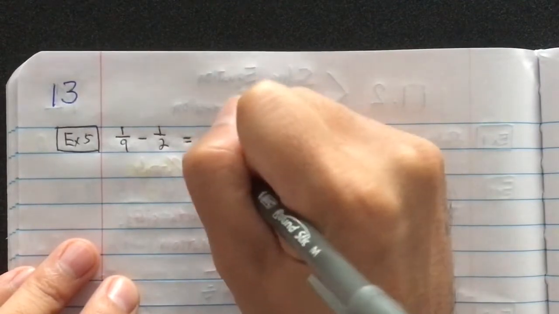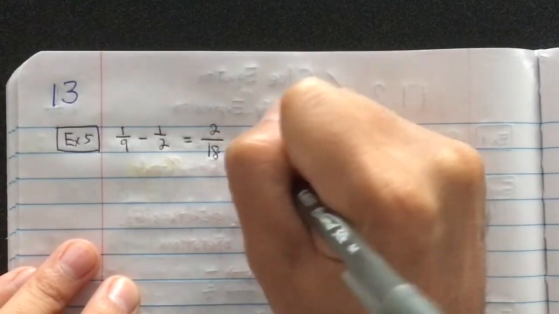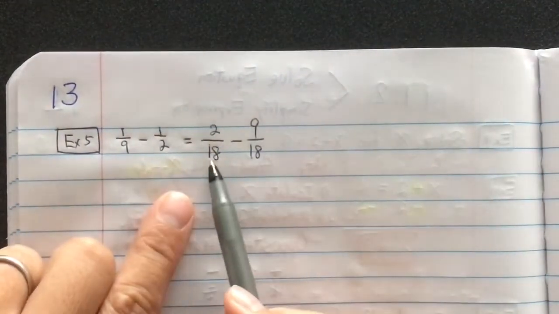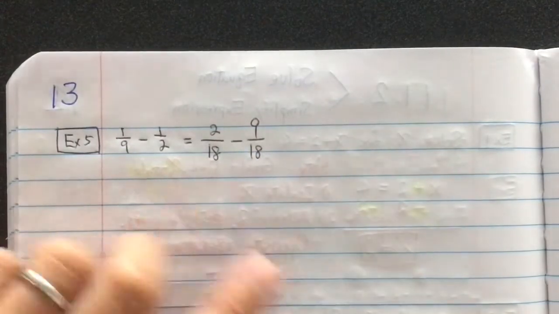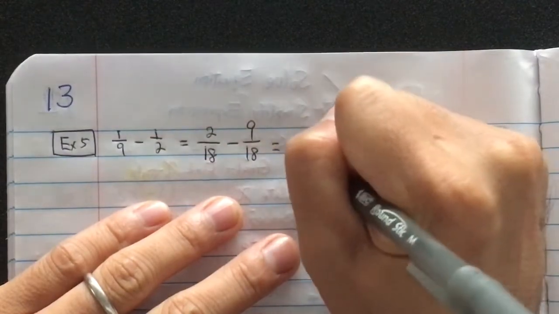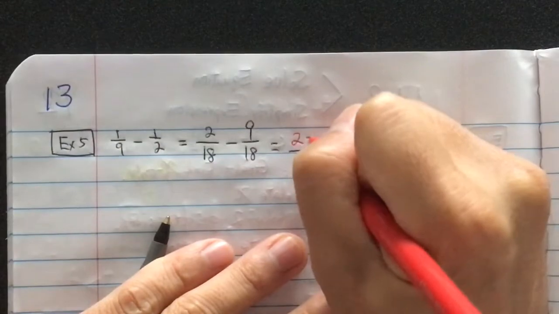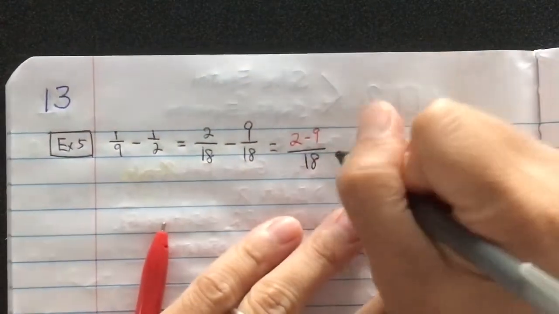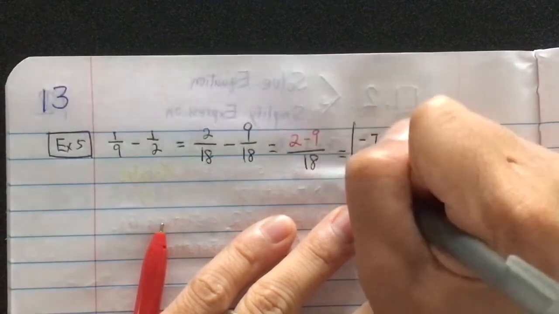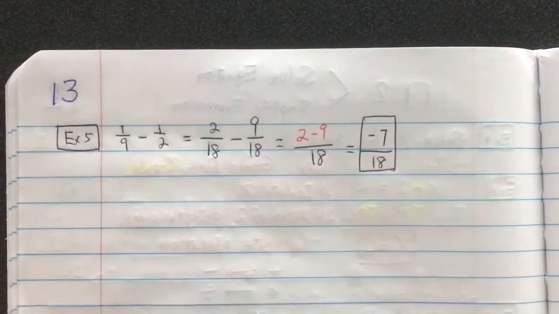So we will get 2 over 18 minus 9 over 18. If you don't know where it's from, go see example 4. We do the exact same thing there. So it becomes 18, still the denominator. Now the numerator becomes 2 minus 9. And 2 minus 9 equals negative 7. Box the answer.